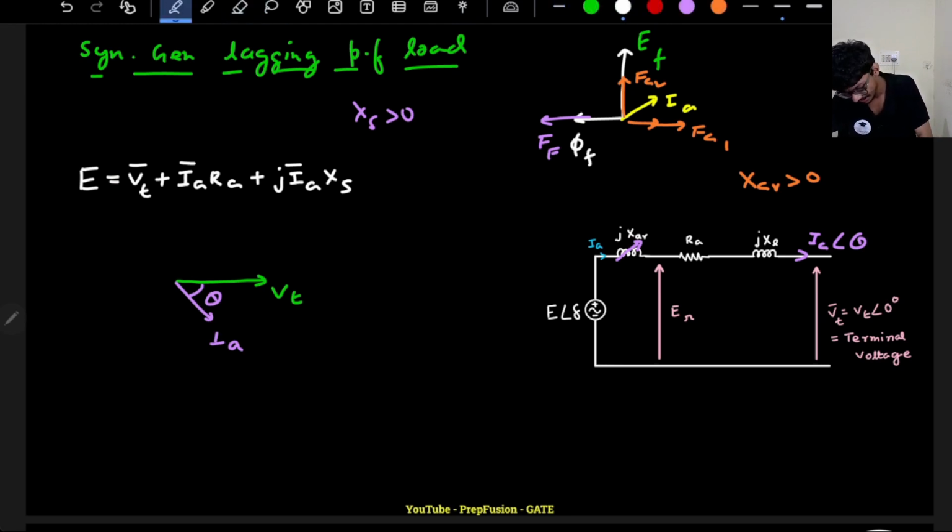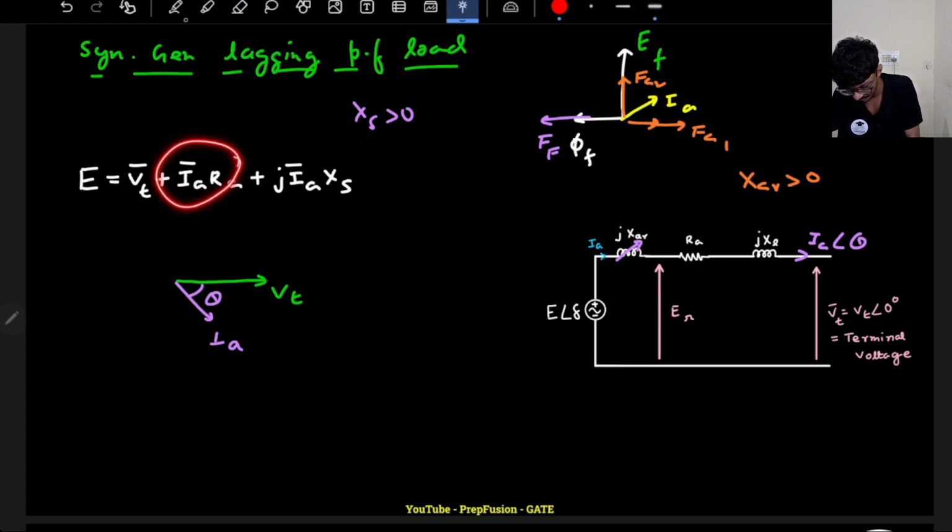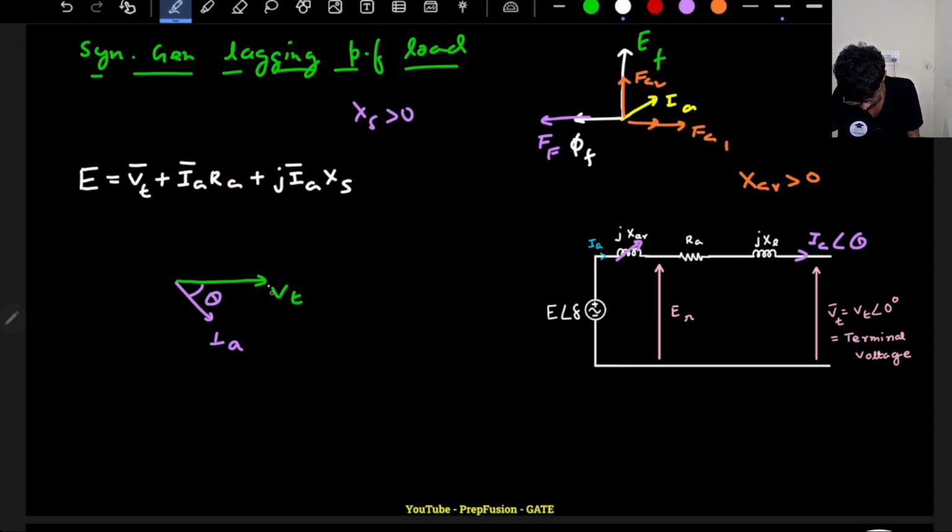So basically I have to add this with VT. This does not have any phase shift, so IA RA will be somewhat like this. It will be parallel to IA, and this will be the drop, IA into RA. All this is just phasor.